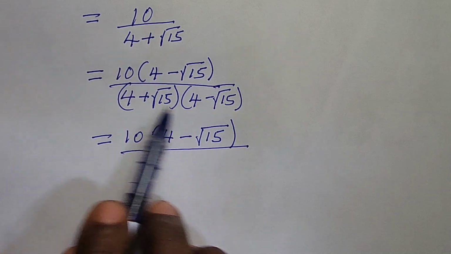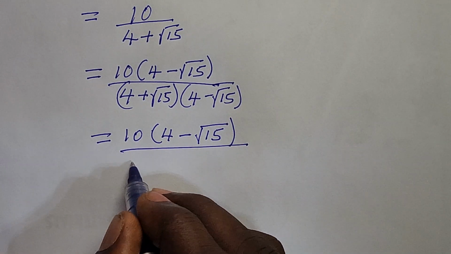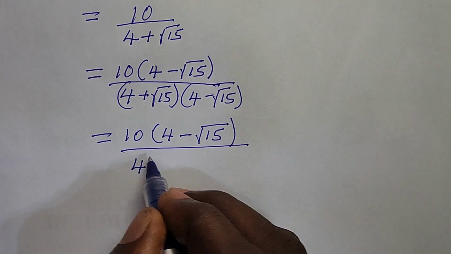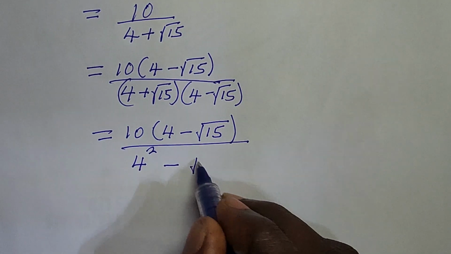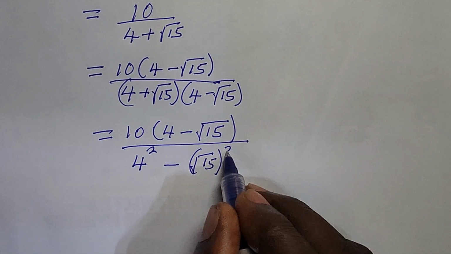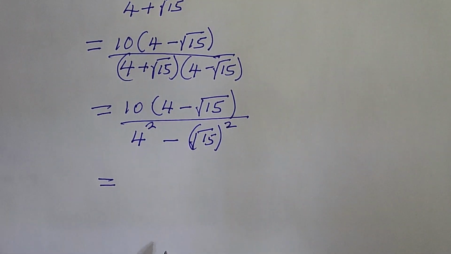Because we are multiplying this one by its own conjugate, so what happens? It is simple. We're going to end up having 4 to the power of 2, then minus square root of 15 all to the power of 2. Wow. So this is going to give us something unique.